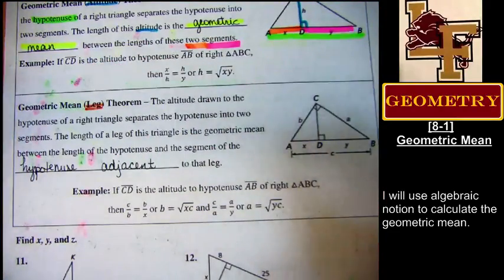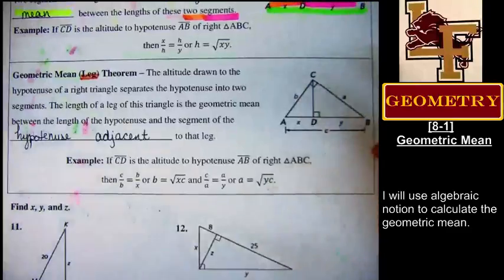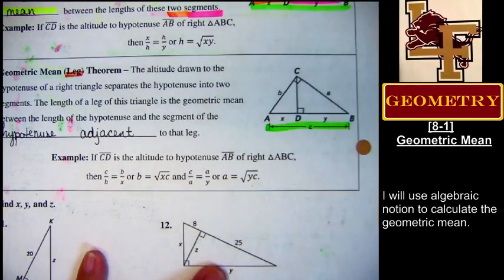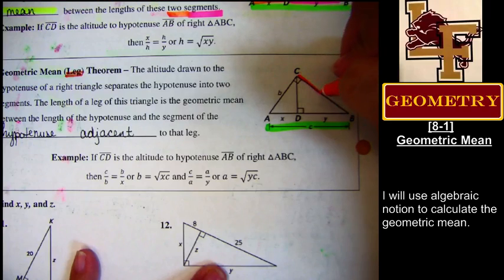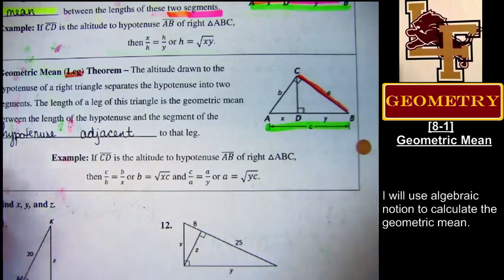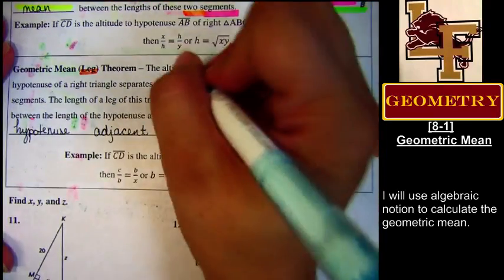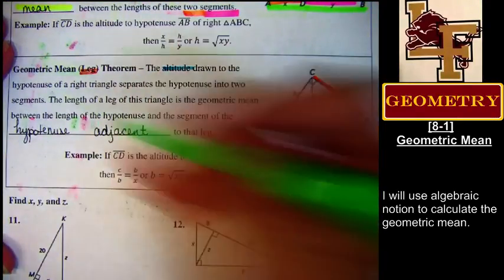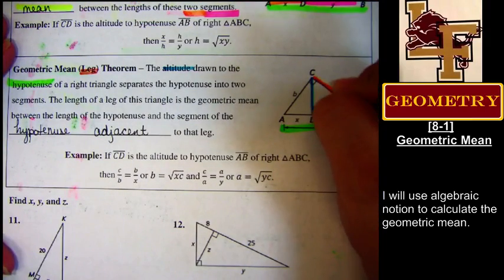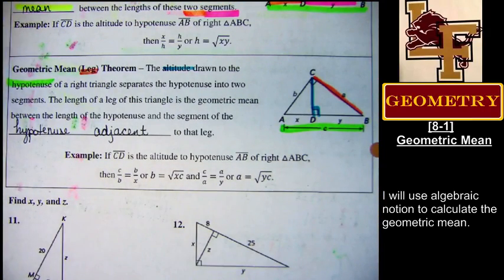The leg they're talking about is in our right triangle. We have the side that is the hypotenuse. The leg is any other side. If I have an altitude drawn to the hypotenuse of a right triangle, so here's that setup again, it separates the hypotenuse into two pieces.